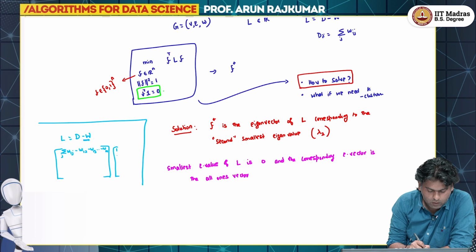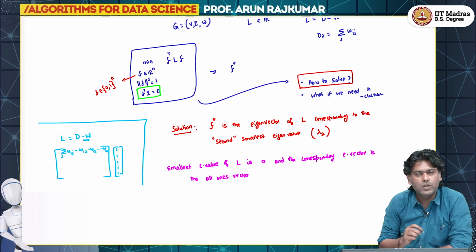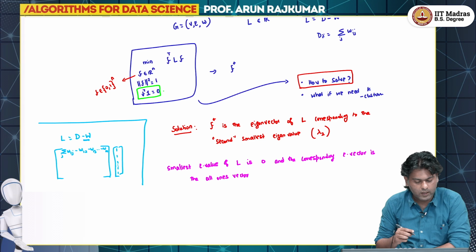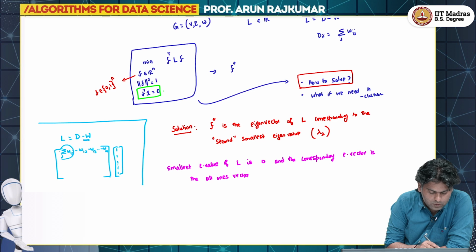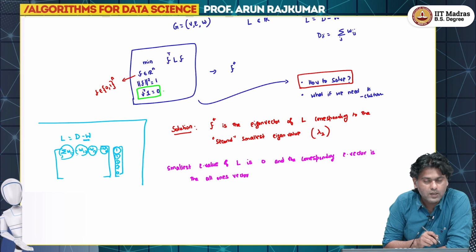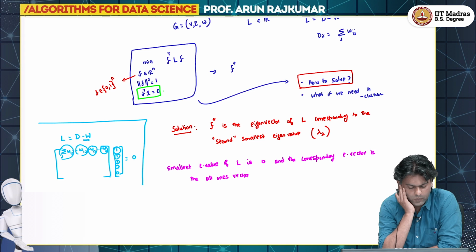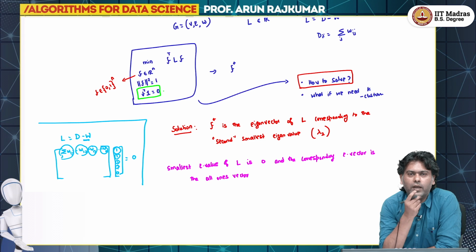Now if I multiply by the all ones n-dimensional vector, I get this sum, and then I subtract these things, because of the negative sign they cancel, and this will just be 0, right. So the smallest eigenvalue of L is 0 and the corresponding eigenvector is 1.